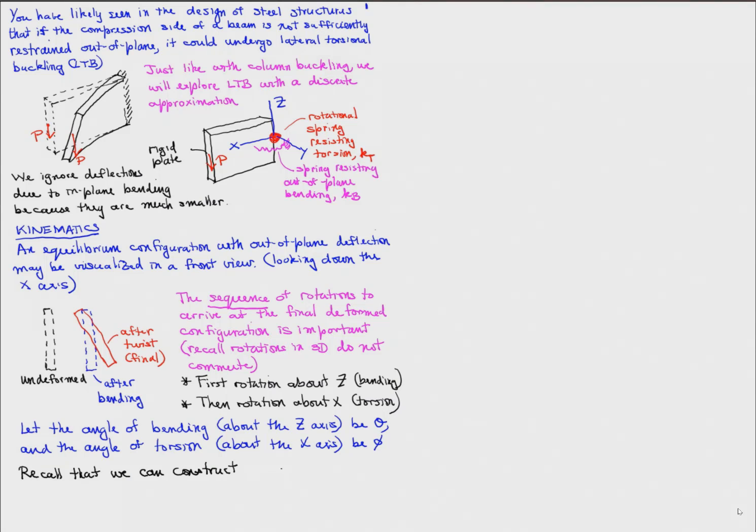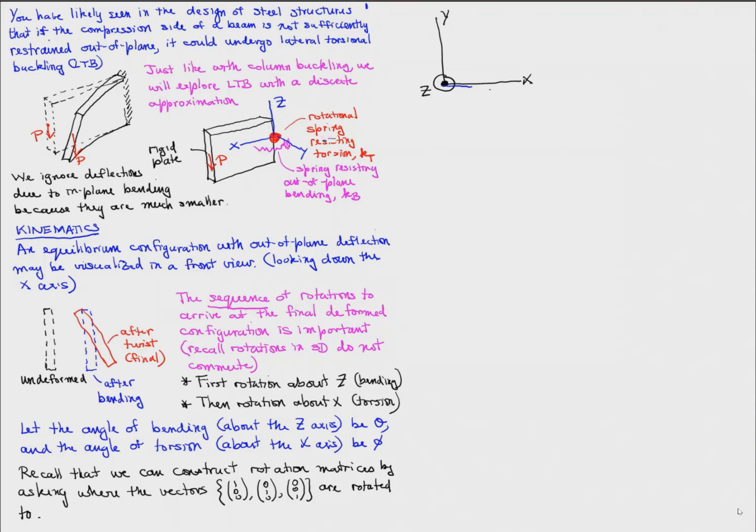If we recall from our study of rotation matrices two assignments ago, we can build a rotation matrix by asking what the rotation does to the vectors 1, 0, 0, 0, 1, 0, 0, 0, 1.